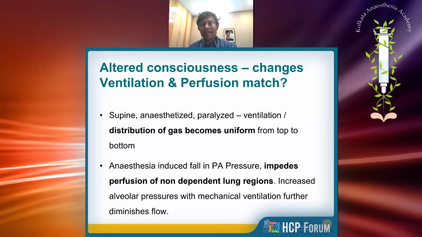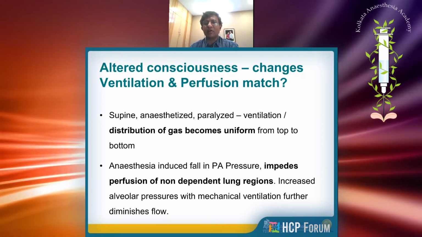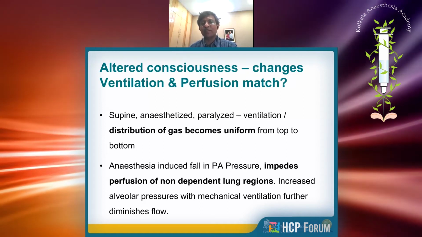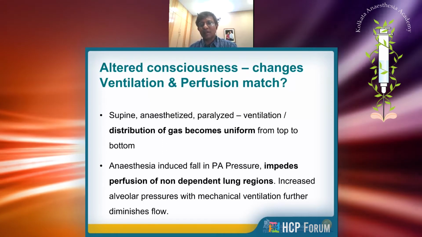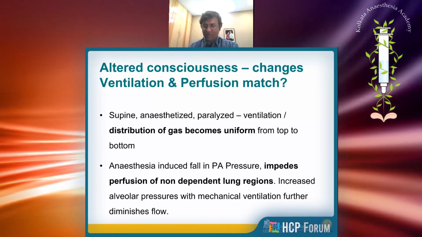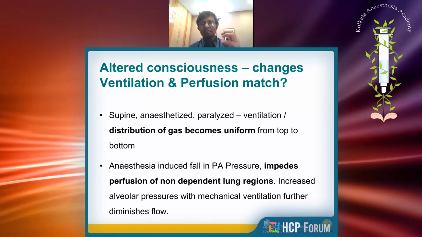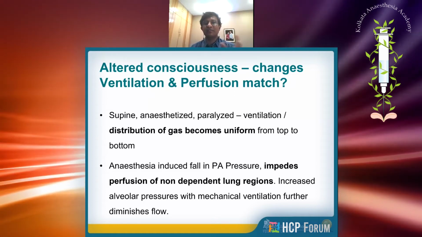Whereas anesthetics will cause some reduction in the fall of the pulmonary arterial pressure, which impedes perfusion of the non-dependent lung regions. And add to this, you have increased alveolar pressures during mechanical ventilation because of paralysis, and this diminishes the flow to the non-dependent areas further.